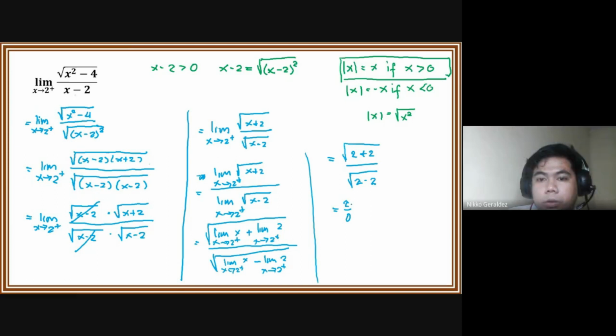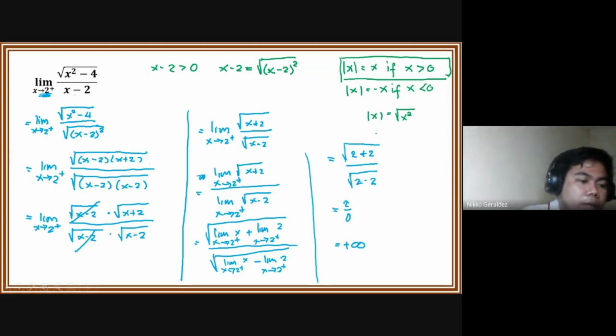So 2 over 0. So 2, numerator, positive. And denominator approaches 0 through positive values. So 2 over 0 positive is infinity. Yun, very good. So that is positive infinity.